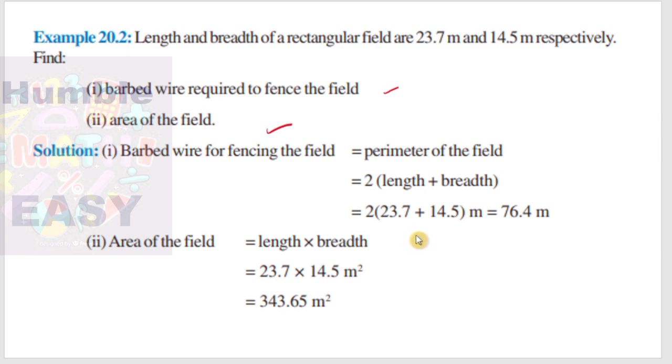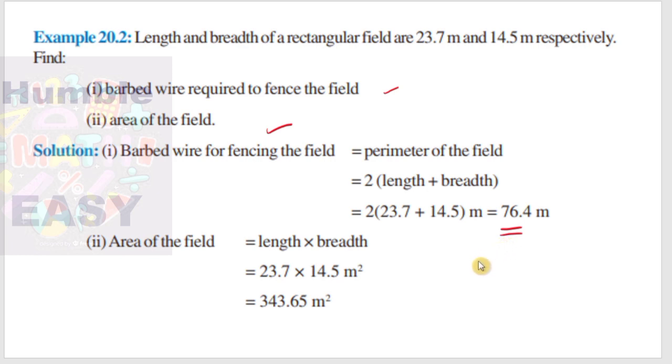Then 38.2 times 2 is equivalent to 76.4 meters. Now, in order for us to fence the field with barbed wire, we require 76.4 meters of barbed wire.